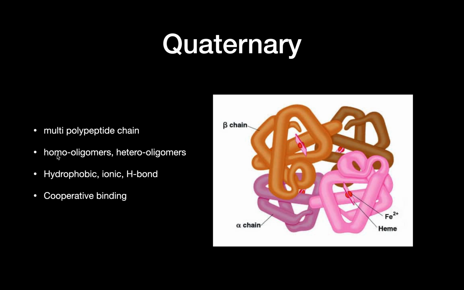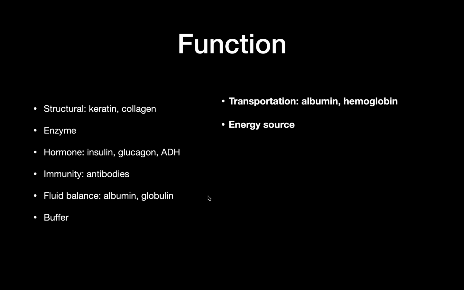The homo-oligomers have identical subunits, and hetero-oligomers have distinct subunits. There are a lot of functions here in structure, hormones, immunities.